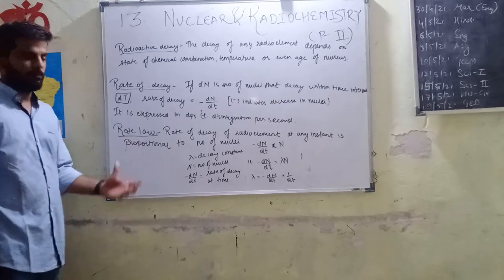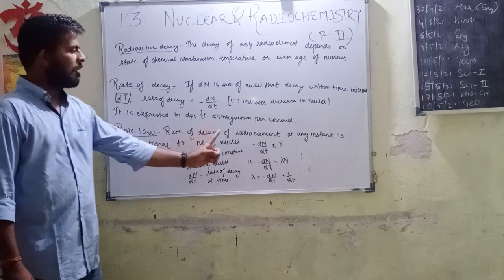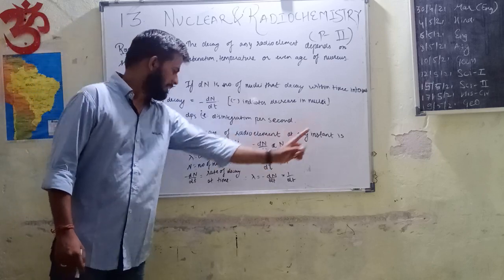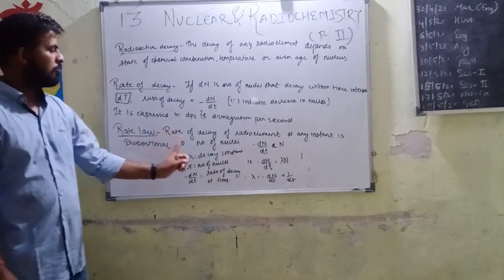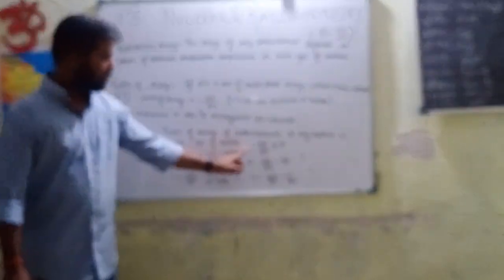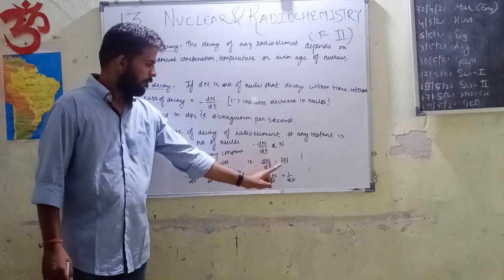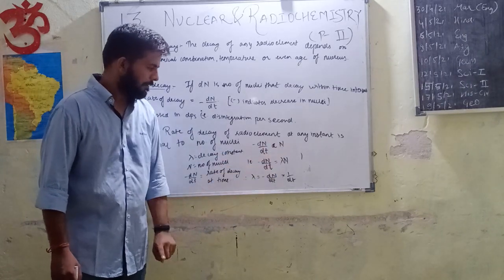The rate law, which is the most important point for your 11th syllabus: the rate of decay of any radioactive element at any instant is directly proportional to the number of its nuclei. So the equation becomes minus dN by dt is directly proportional to N, and the constant is denoted by lambda.